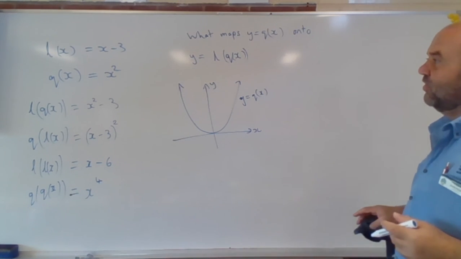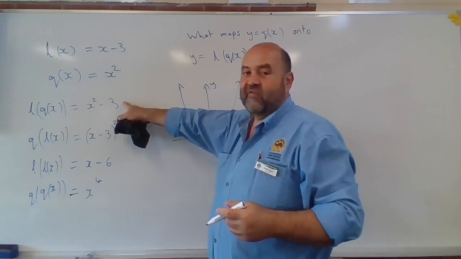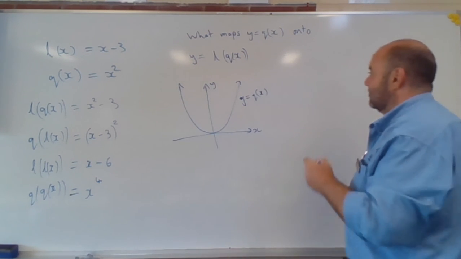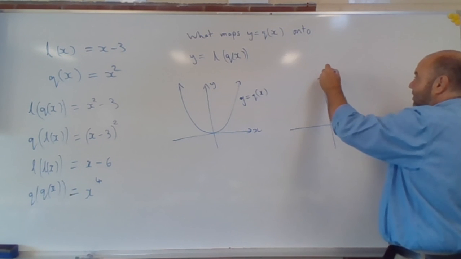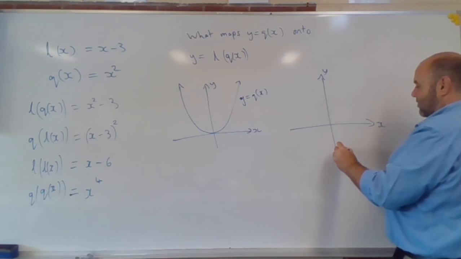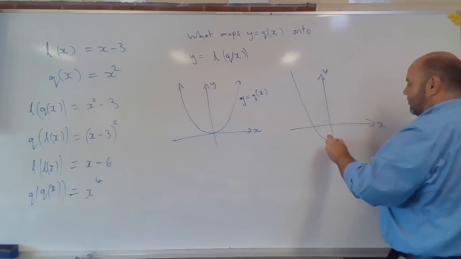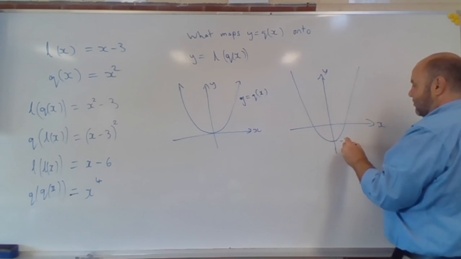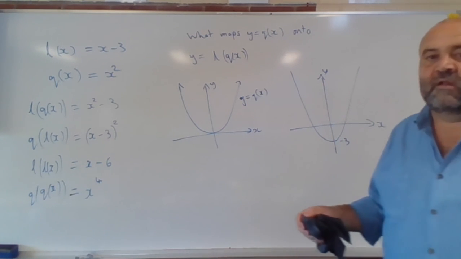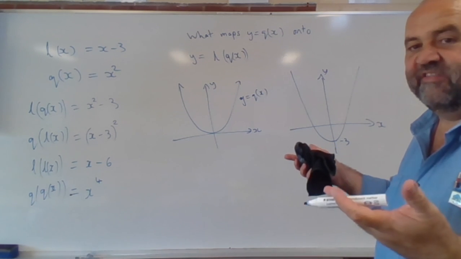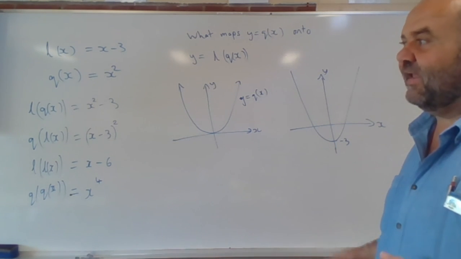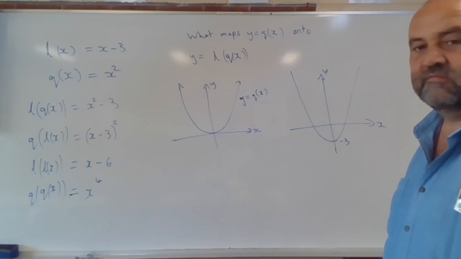Well, L of q of x is our friend over here. We've already seen his graph. What transformation has taken place there? The transformation is that it's been translated down 3 places.